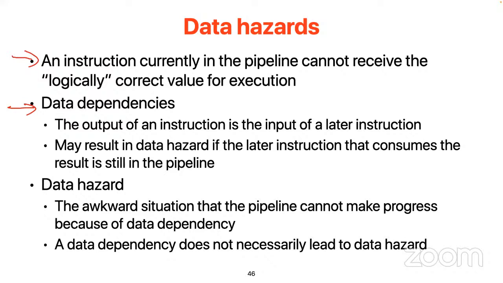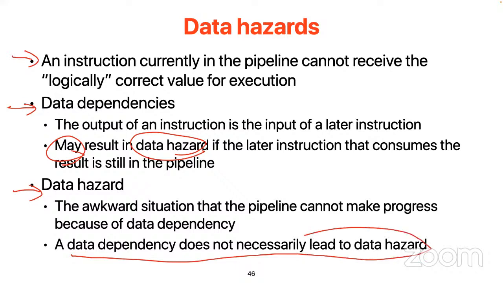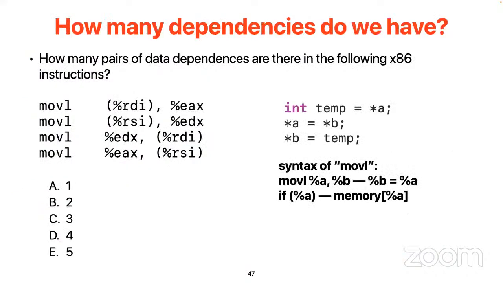Data dependency is the pure relationship between instructions in a program. Whenever the output of an instruction is the input of a later instruction, there is a data dependency. And data dependency may lead to data hazard. However, it does not necessarily mean that a data dependency would lead to a data hazard, because it's only called a data hazard when there is an awkward situation where the pipeline cannot make progress because of the data dependency.